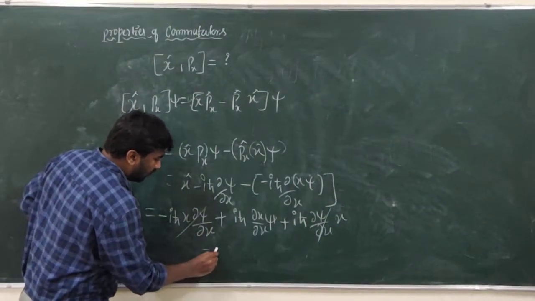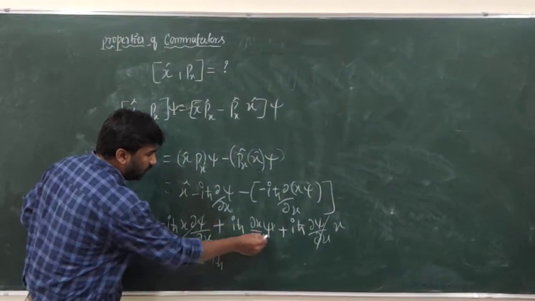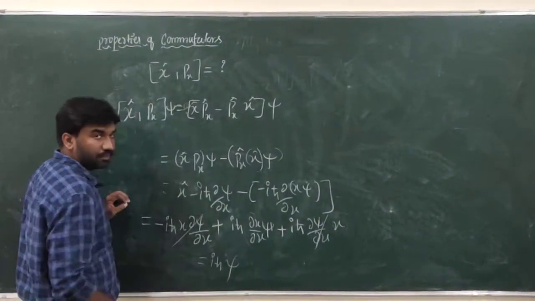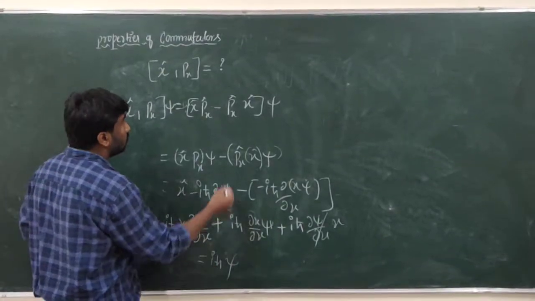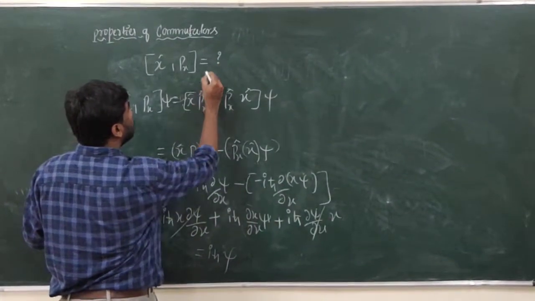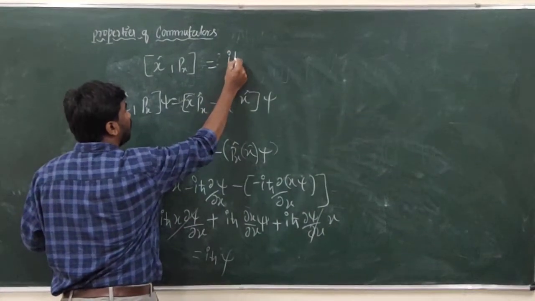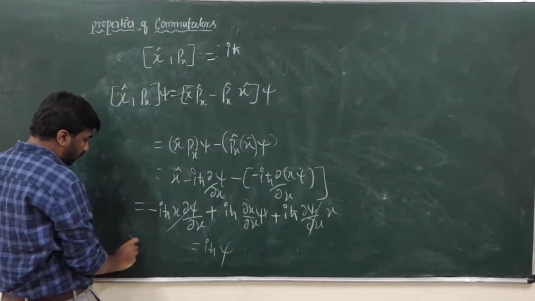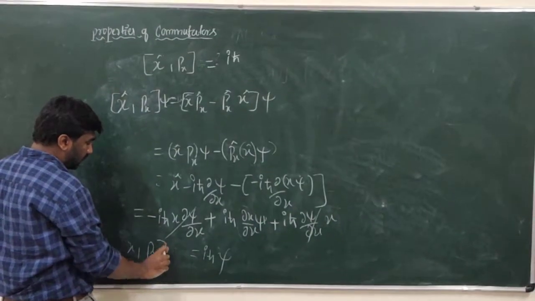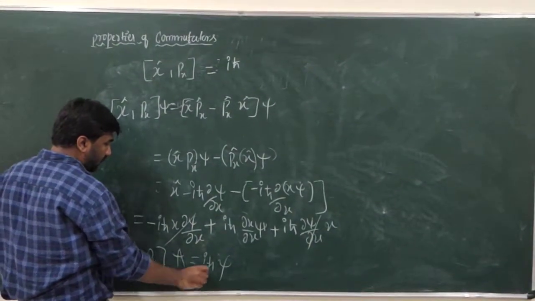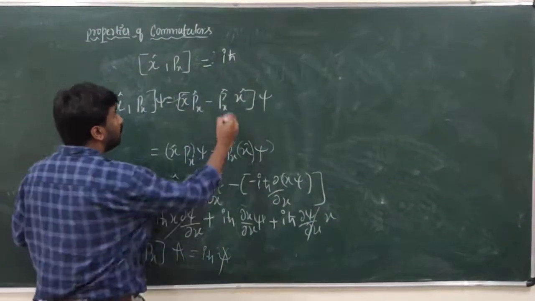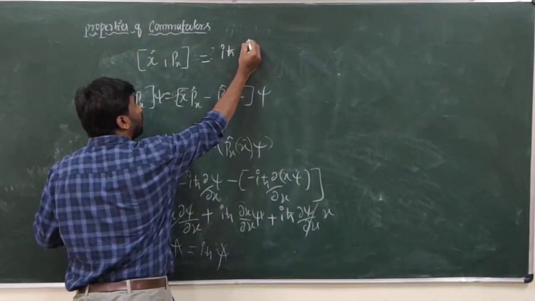Remaining is i h-bar dx/dx, which is 1, times psi. On the left side we have [x, px] psi, and psi gets cancelled. Remaining is i h-bar into the identity matrix.